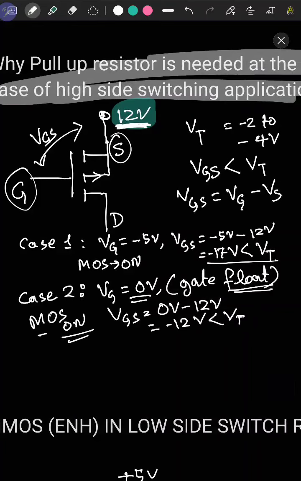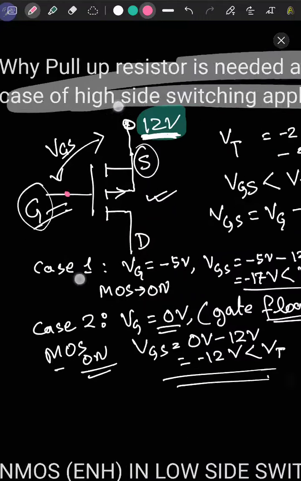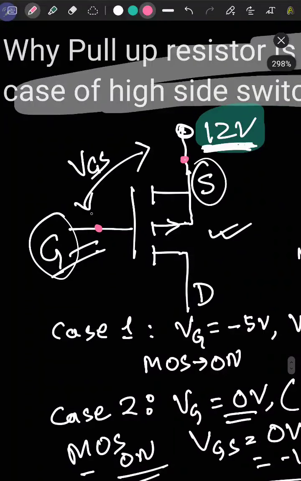So when there is no voltage applied on the gate and my pMOS is on, then we shall have no control over the switch. To avoid this, we shall need a pull-up resistor from the gate to source. You can call this RGS.